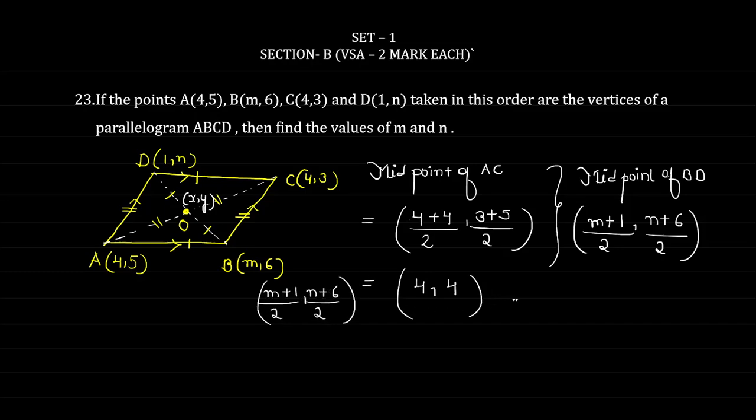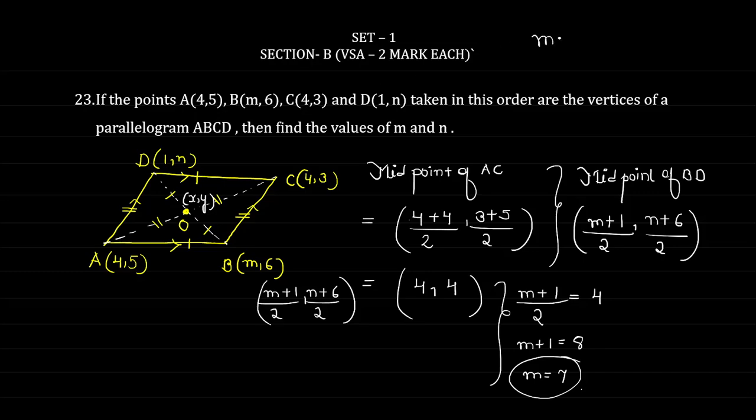So let's compare. We will have two equations here. First one is m plus 1 divided by 2 is equal to 4, equating the x coordinates. So m plus 1 is equal to 8 and m is equal to 7. So the m value we have calculated, that is m is equal to 7.